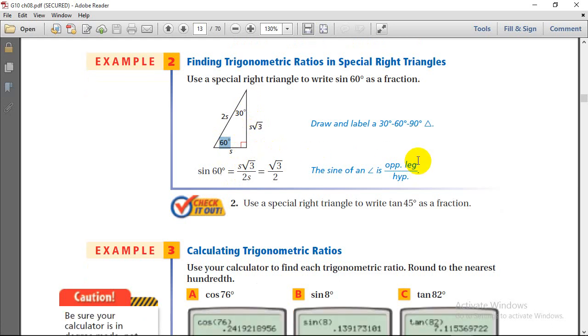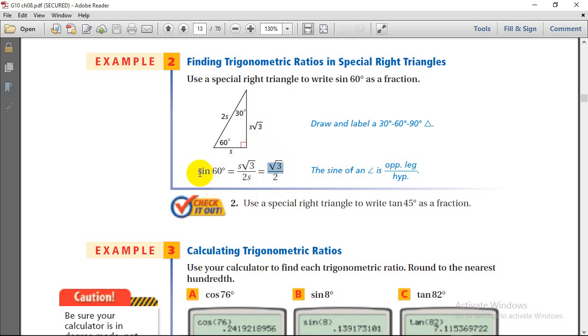Very good. Now sine 60 is square root 3 over 2. You will study it like this and use it without a calculator. You must save it in your mind. Why?